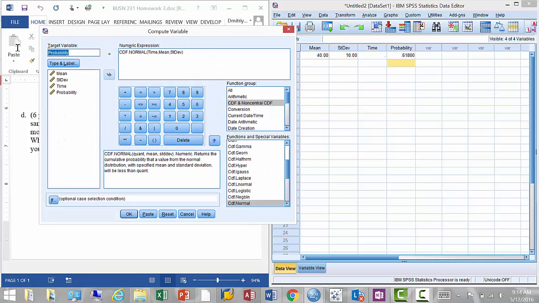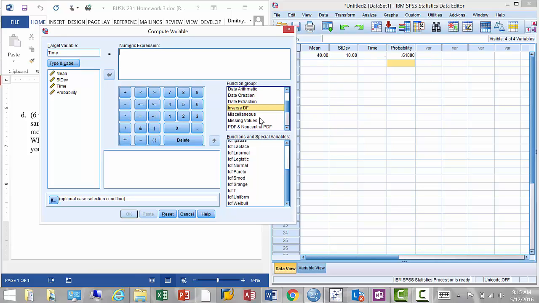So I have to go back to the transform, compute variables, right? Now, this time around, I'm not calculating probability, but I'm calculating time. So my target variable, I need to put down time, and it's a different function, right? For calculating the values given the probability, I'm using the inverse function, okay? So here, in the list of function groups, I find inverse density functions, and I need to pick the one for normal distribution.